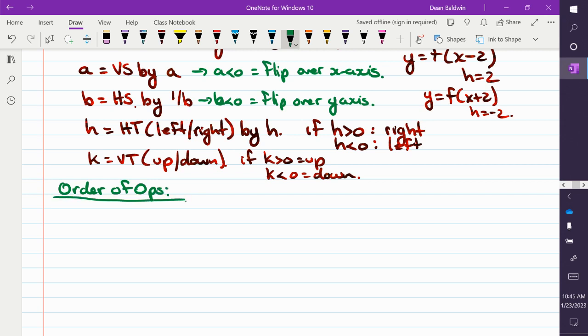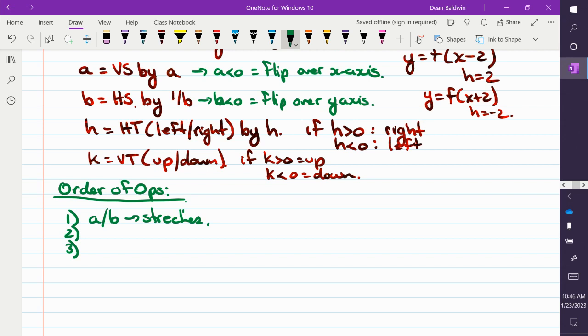Order of operations. What goes first? A, B's. Those are the stretches. And the flips with it, because you just use the negative, right? You just multiply by the -2 or the -1/2 or whatever it is.